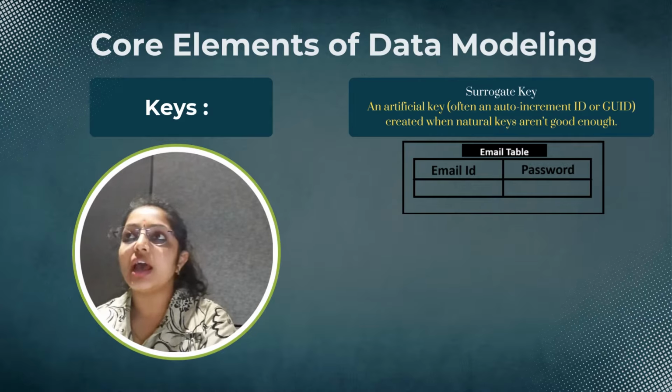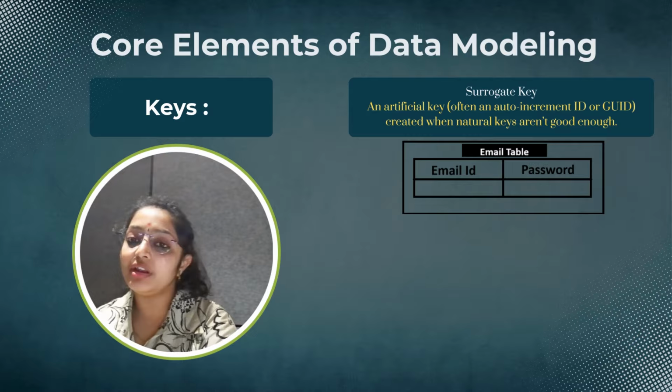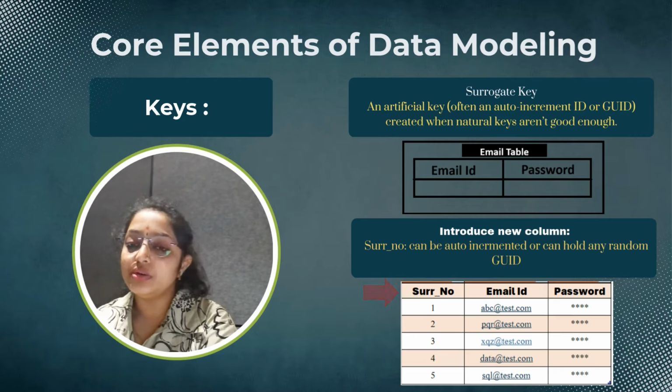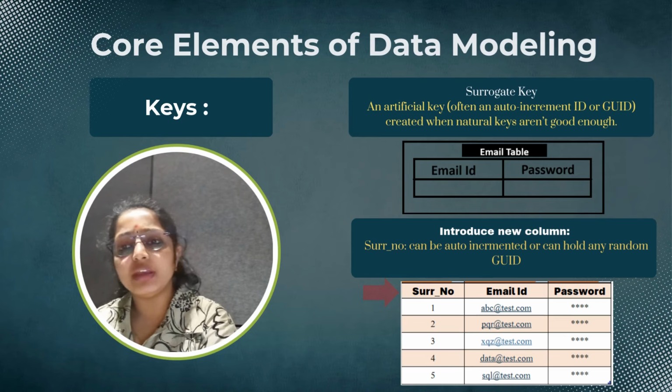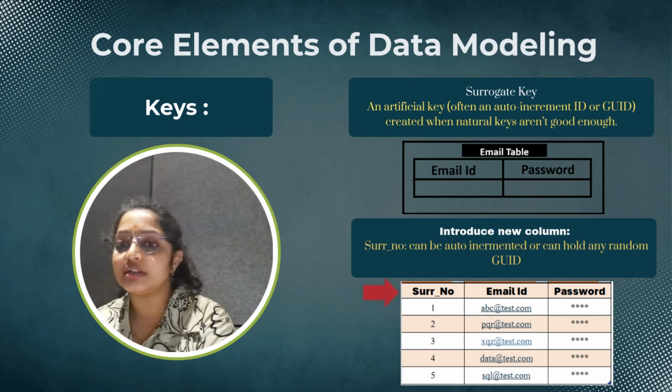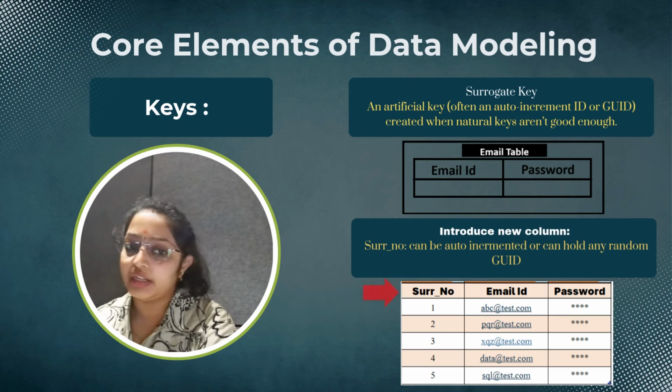So what we do is, usually we will create some column as an auto increment column or a GUID column. So GUID will be any randomly created GUID, and auto increment will be like as soon as the record gets inserted, the ID will get incremented.